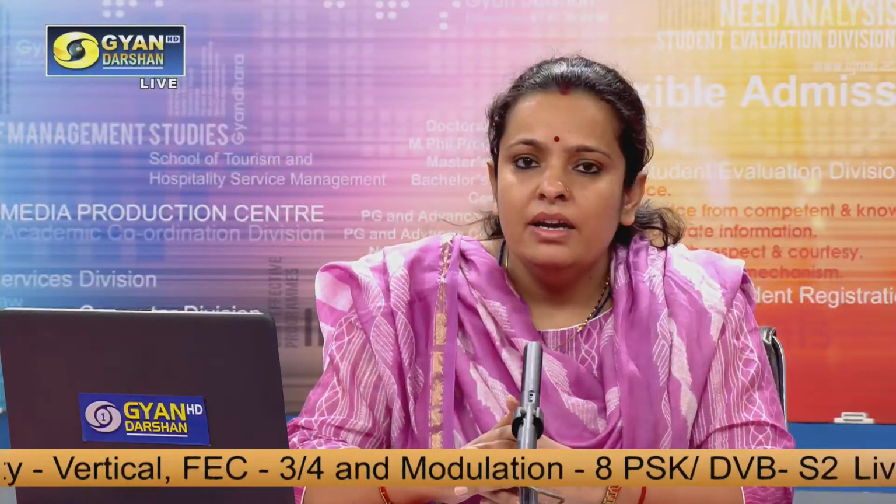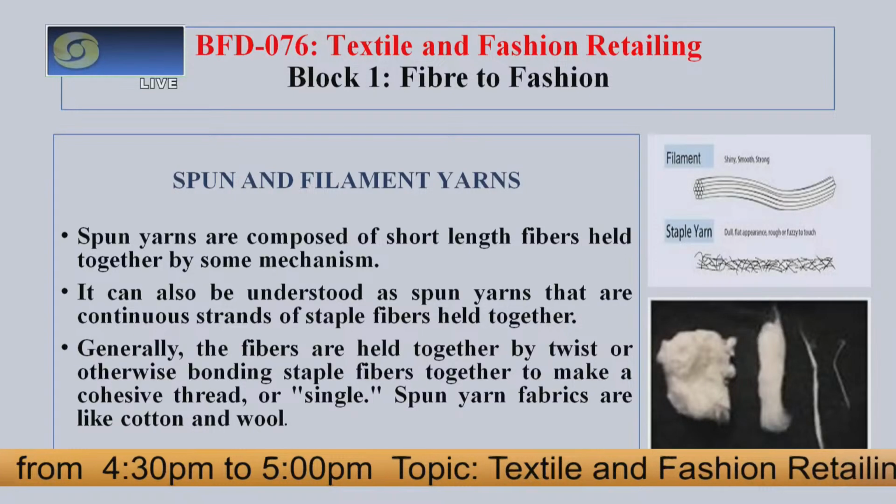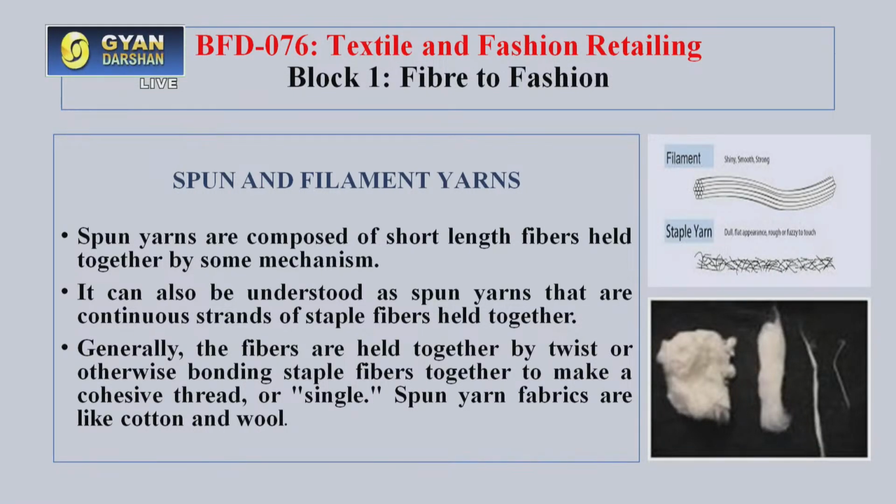The two main types of fibers that we use for the development of yarn are spun or staple fibers, and filament yarns. Spun yarn, in very easy language, is the fiber or yarn which has short lengths.